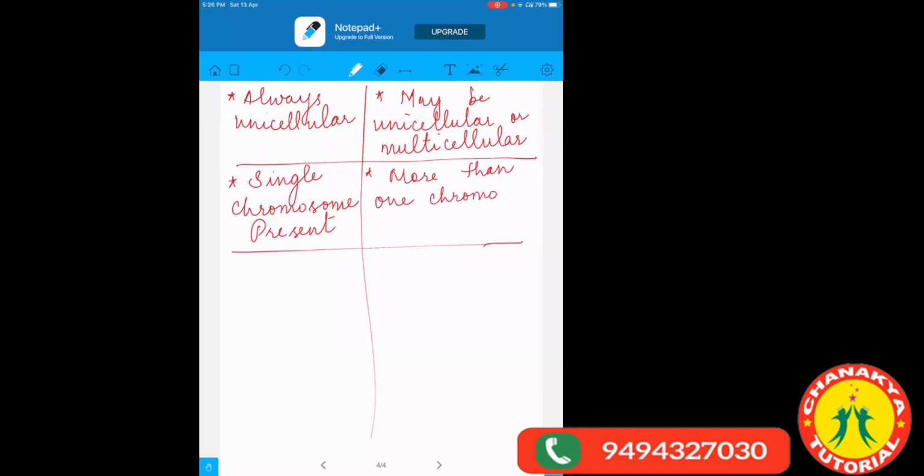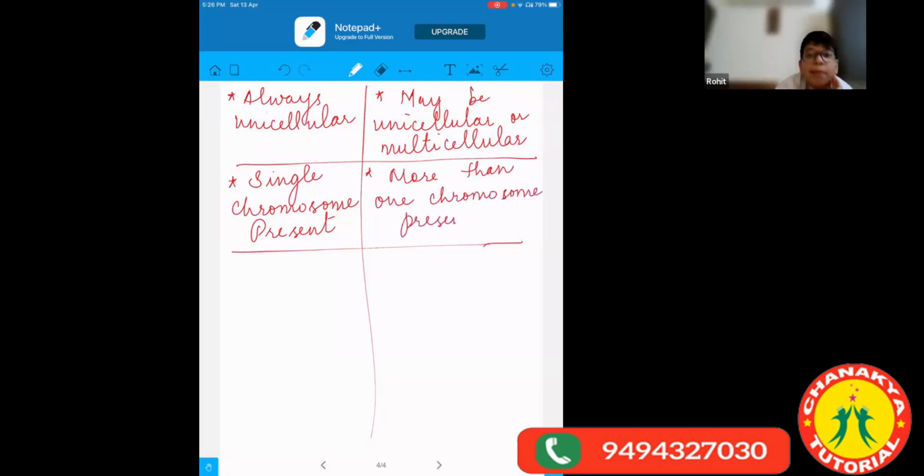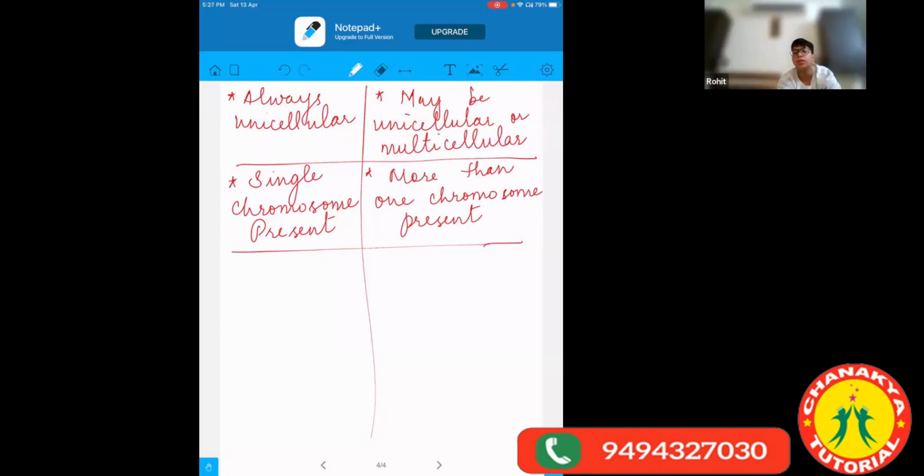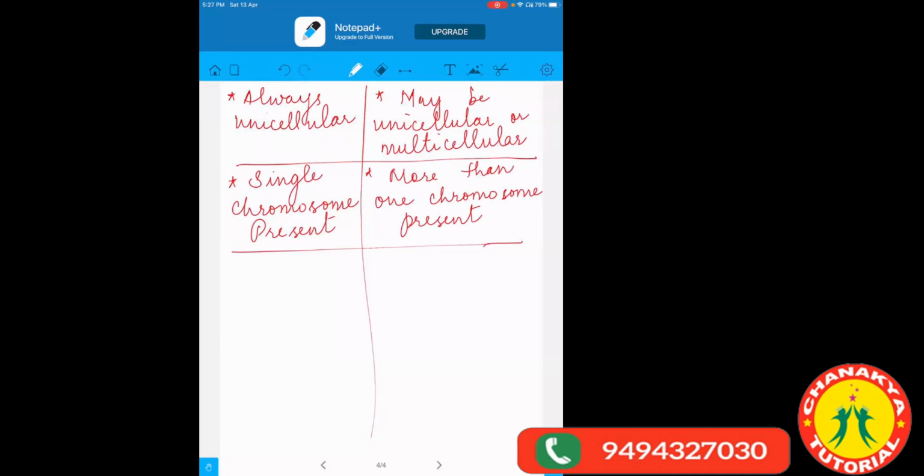Like in us, if I talk about our body, how many chromosomes do we have? Ma'am, 23 in male and 23 in female. Wrong. 23 pairs of chromosomes. Now you have said it correctly, Rohit.